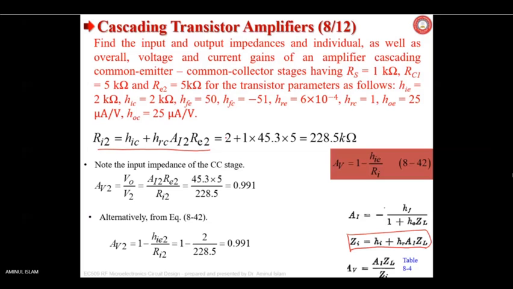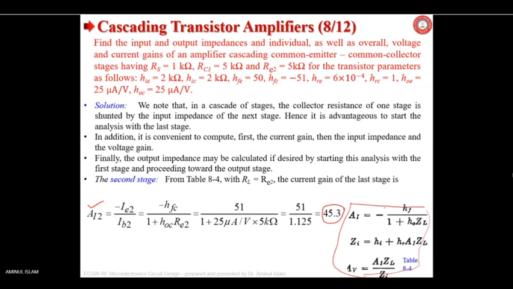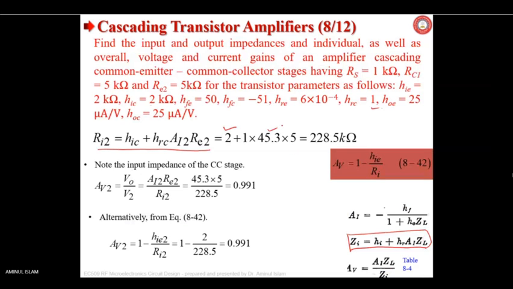Putting these values, you see that HIC is given as 2 kilo ohm. Then HRC is given as 1 here, multiplied with the current gain. The current gain we just got, what was that value? 45.3. So the calculated value 45.3 we are putting here, and RE2 is 5 kilo ohm, which we have already taken.